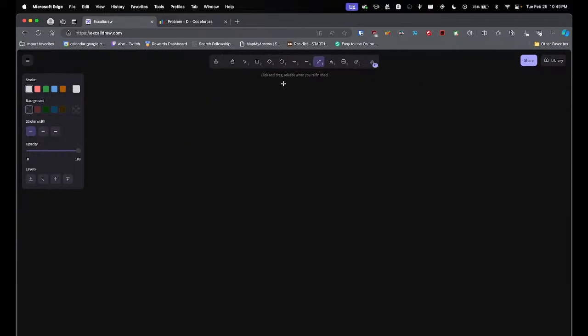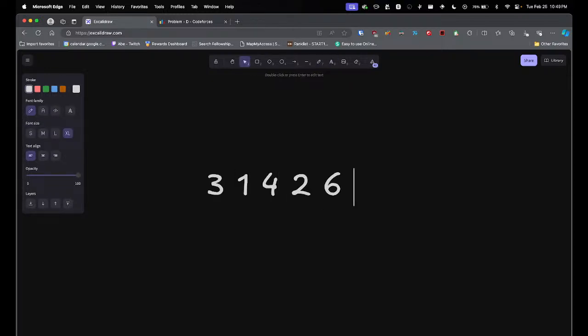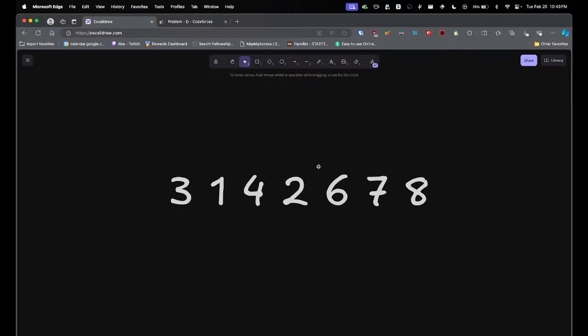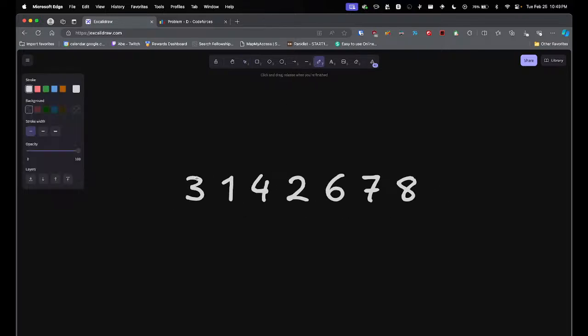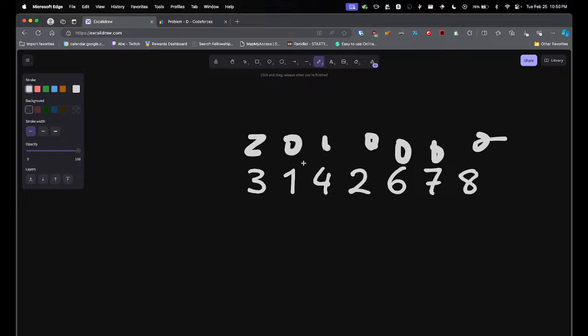Let me take a better example: 3, 1, 4, 2, 6, 7. For 3, how many numbers are lesser? 2. For 1 it is 0. For 4 it is 1, then 0, 0, 0, 0. This is my contribution. My total inversion is the summation of this.